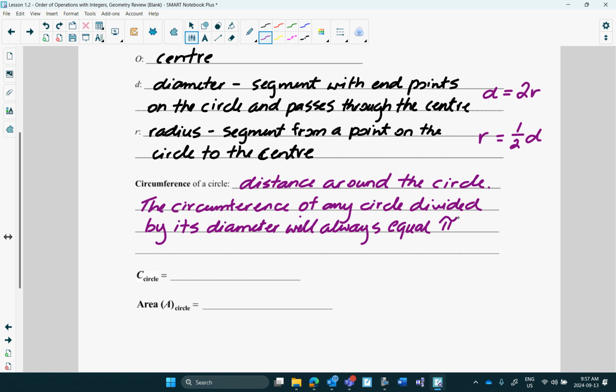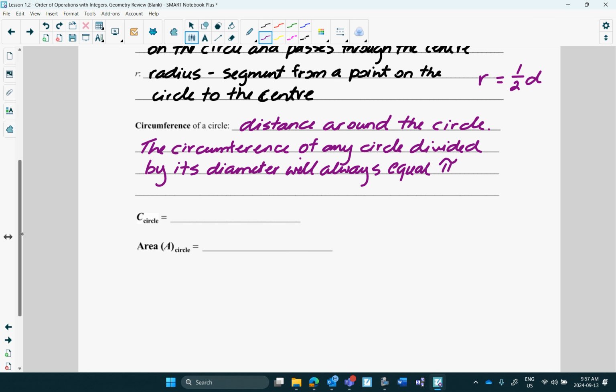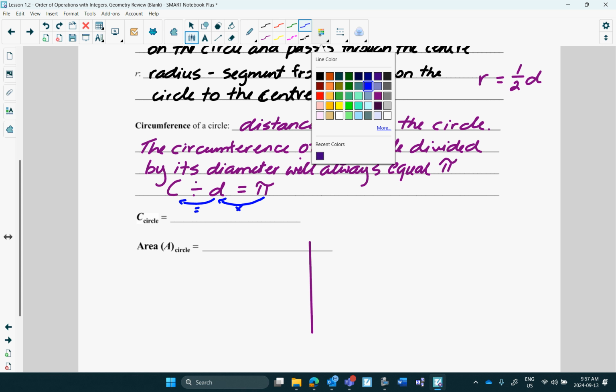So using that little tidbit, if the circumference divided by the diameter equals pi, then working backwards, pi times the diameter must equal the circumference. So that's a formula.